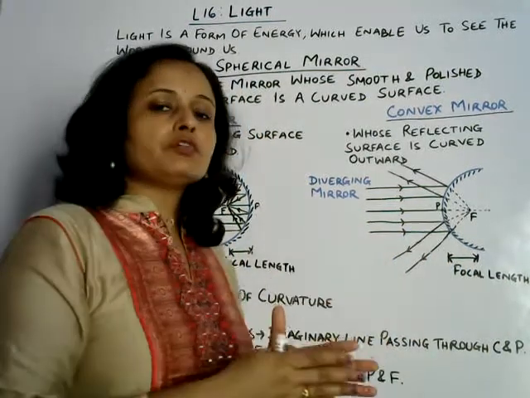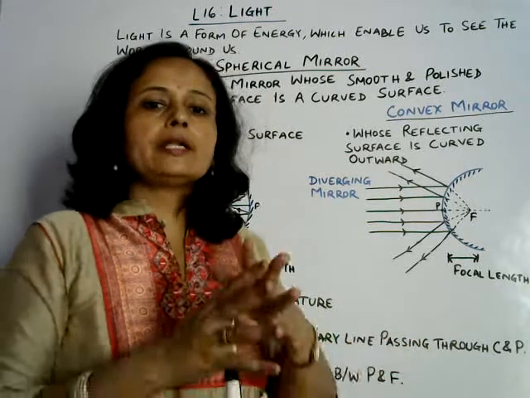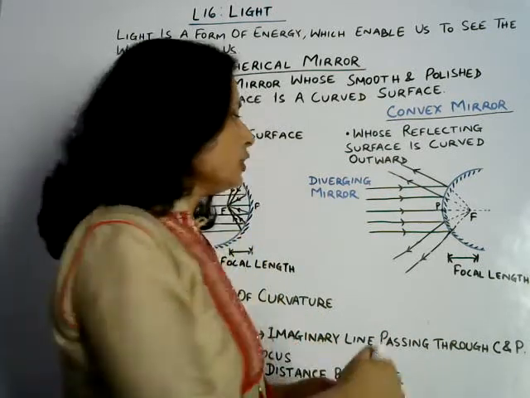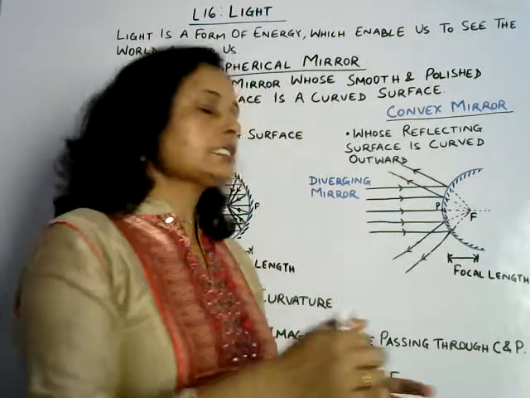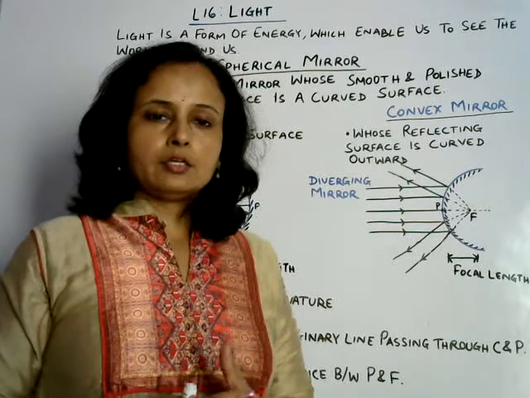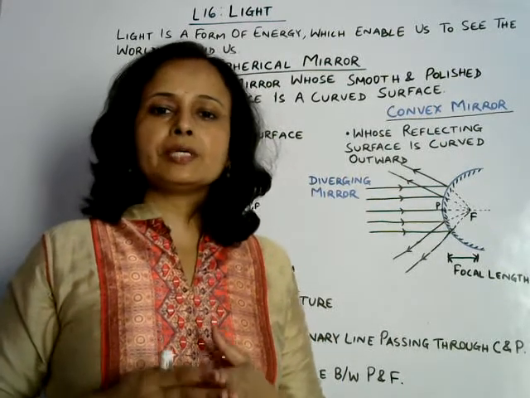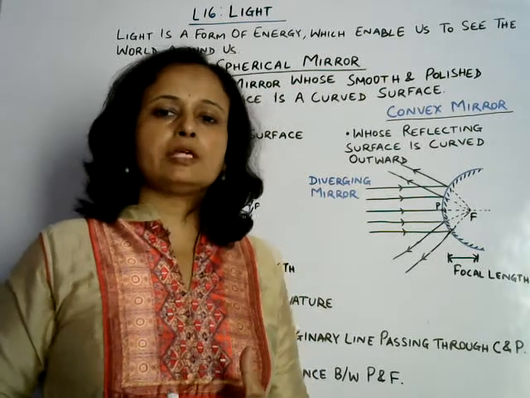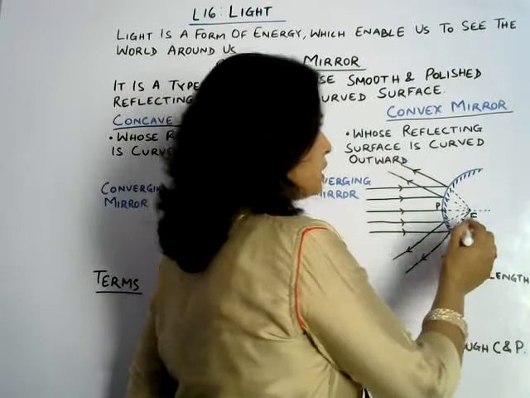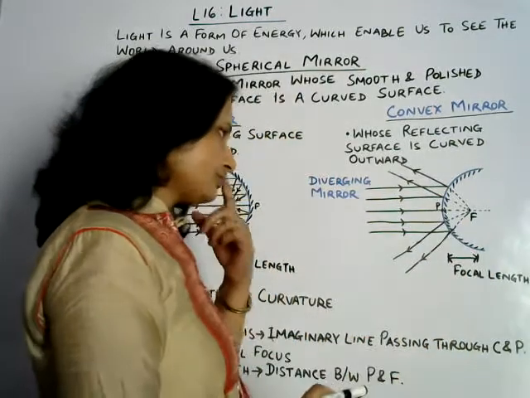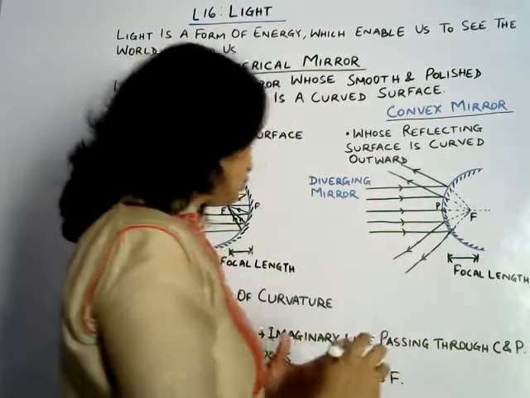They do not converge at a certain point, but diverge. They diverge and do not actually meet, but appear to meet at some point behind the mirror. That point where the reflected rays appear to meet in a convex mirror is called the virtual focus of the convex mirror. Okay, and the distance between P and F is called focal length.